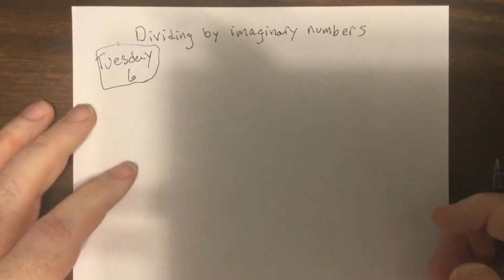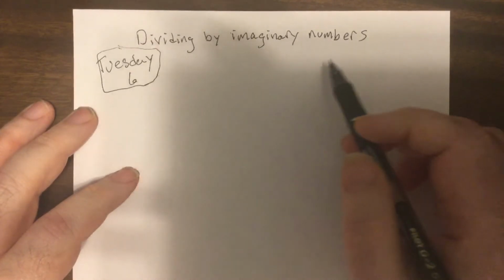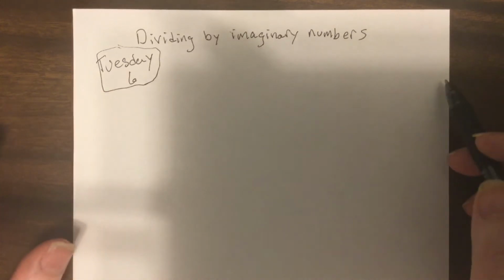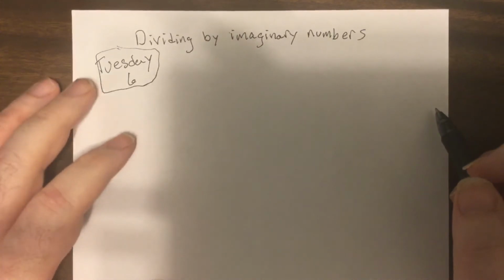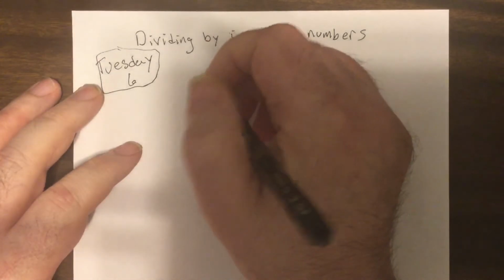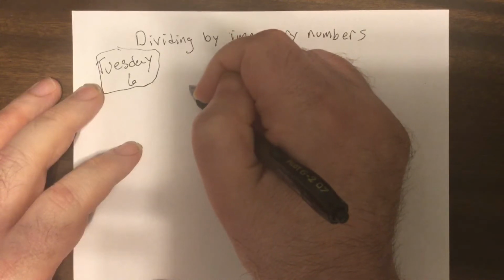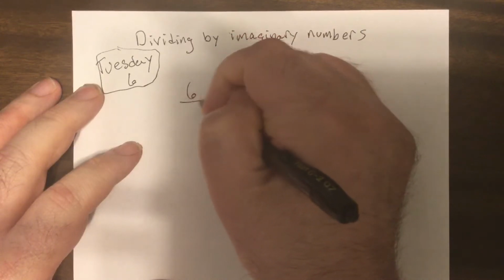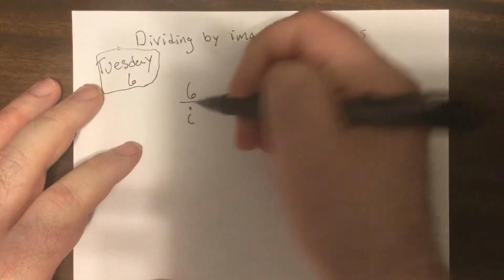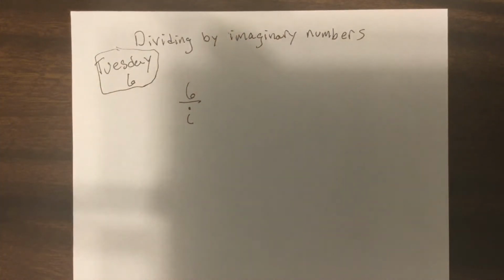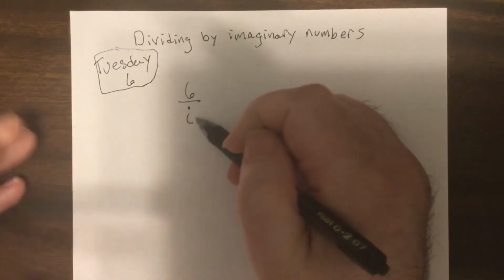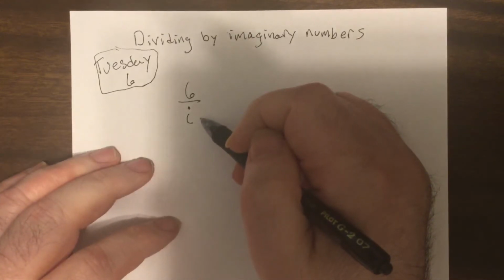Now, we're going to do two things today: dividing by imaginary numbers, and we're going to do powers on the next video. So if I say, what is 6 divided by i? Now remember, there's a rule that you're not allowed to have a radical in the denominator. So we have to get rid of the i because technically it has a square root in it.